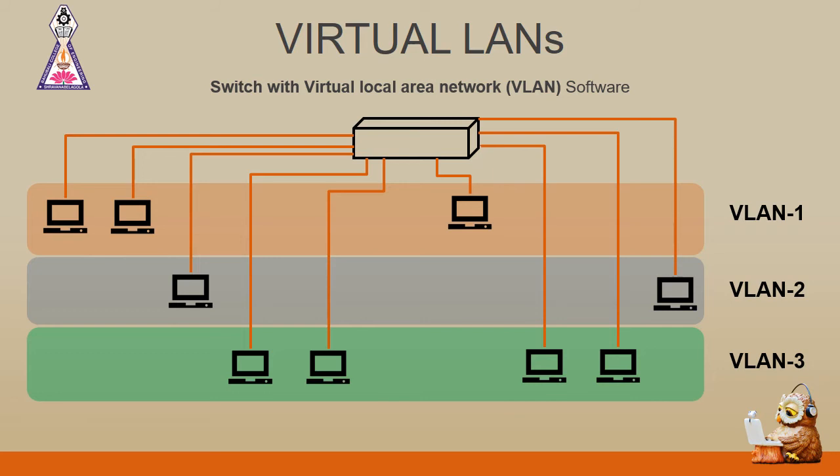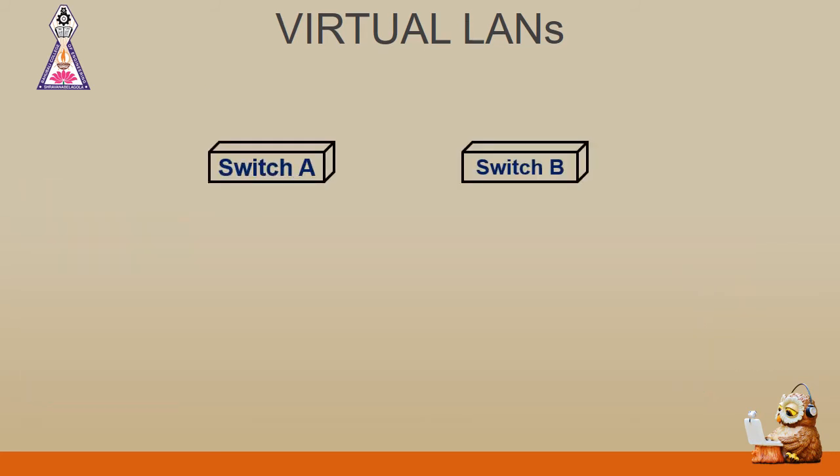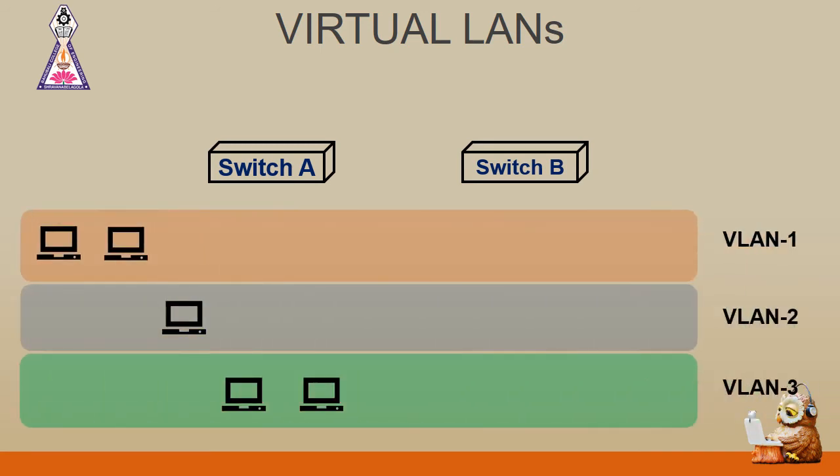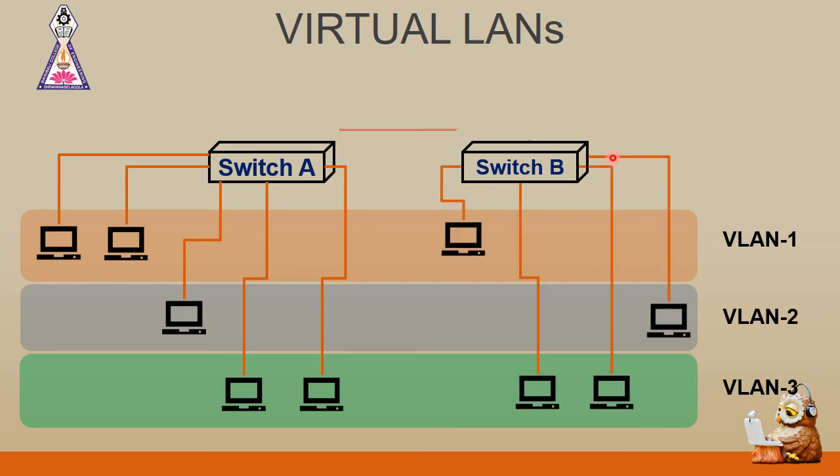And at the same time, VLANs also support the grouping of the stations that are connected to different switches. I can have this topology wherein I have two different organizations that are working on a similar set of projects. So this is one campus which is working on it, and in the other case I have a different campus that is working on it.